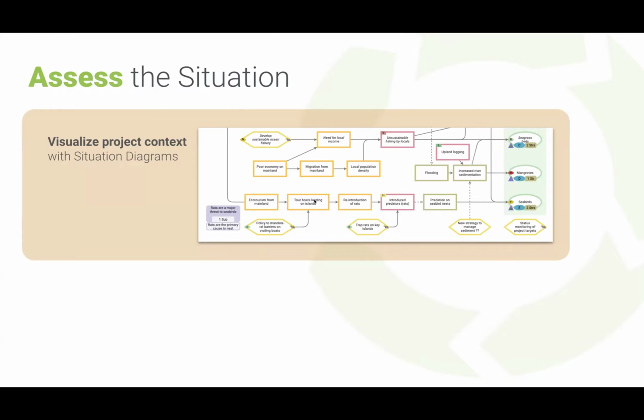What are the factors? So these orange and brown boxes, what are the factors contributing to those problems that you really need to address with strategies? And then in yellow here, what are the strategies that you're going to implement in order to reduce the threats or address any of the factors that are causing problems? So there's a set of tools to help you develop and manage those models describing your situation.